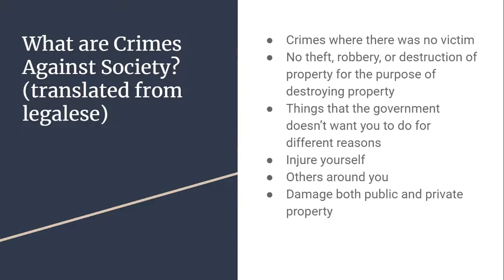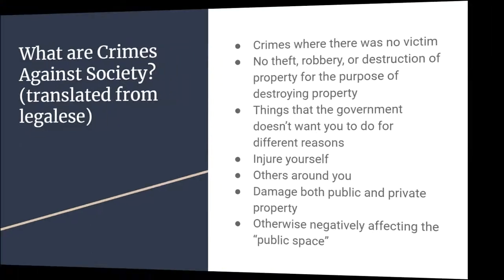They have a vested interest in preventing you from doing so, and they also want to prevent anything else that would otherwise negatively affect what I call the public space. Basically anything in the public domain, be it street corners or just the entire concept of disturbing the peace, going out into public. We'll talk a little bit more about that later on in the video.